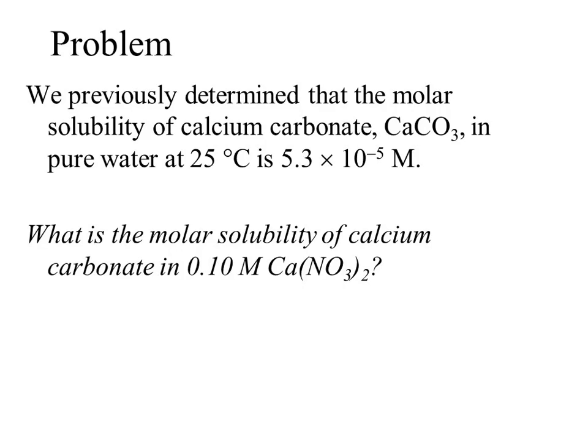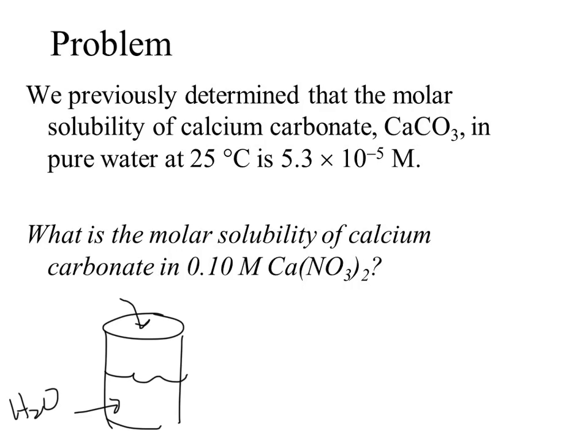Okay, so it looks like this, where this is pure water, and we know that we could go ahead and dump in 5.3 times 10 to the negative fifth. We could make this 5.3 times 10 to the negative fifth molar calcium carbonate. Okay, and it would all stay in solution. You'd be right at saturation. That's what molar solubility means.